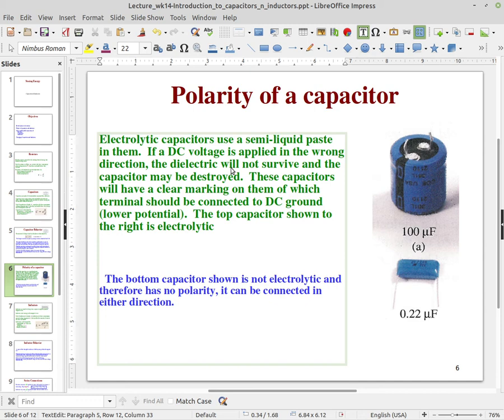However, there is one type of capacitor called an electrolytic capacitor, where the dielectric actually contains a moist paste sort of material in it. These are the type of large capacitors that we would often find inside of a power supply. And these have a very definite polarity on them.